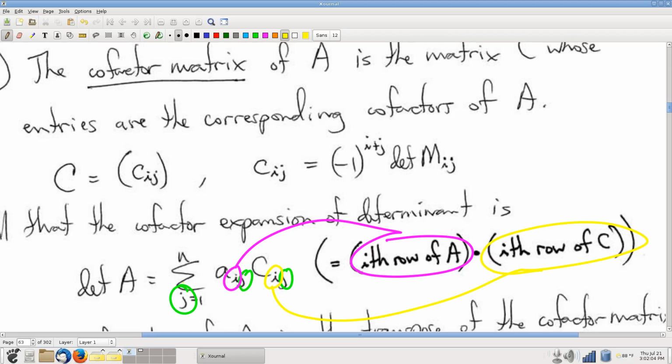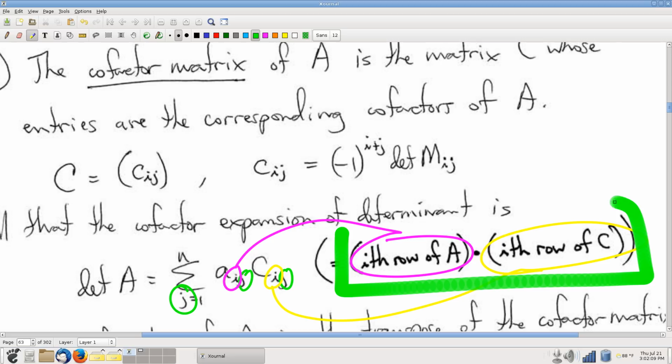So in fact, what I'm doing in this summation is I'm writing down a dot product of the ith row of A with the corresponding ith row of A's cofactor matrix, C.